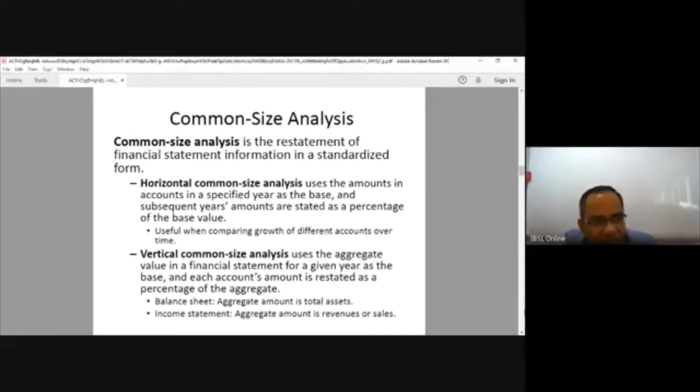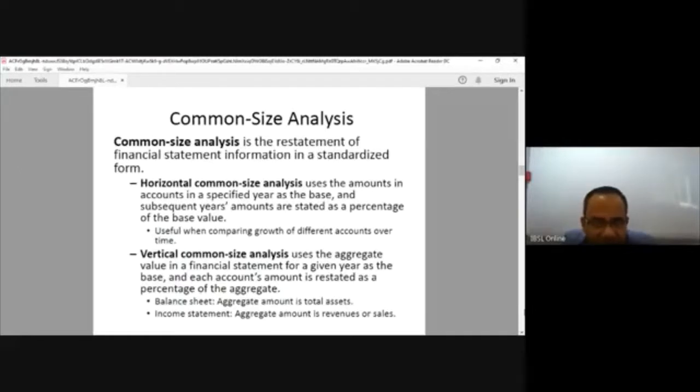If you want an understanding of what percentage of turnover they have as gross profit, as net profit, what percentage they spend on overhead costs, what percentage they pay as taxes, you make a common size analysis.